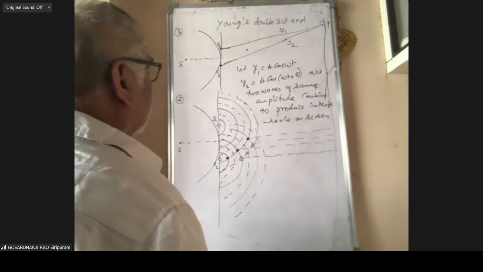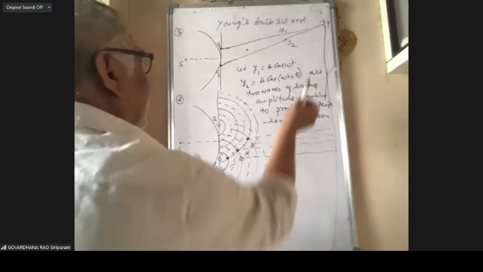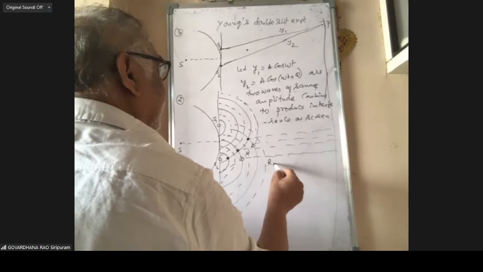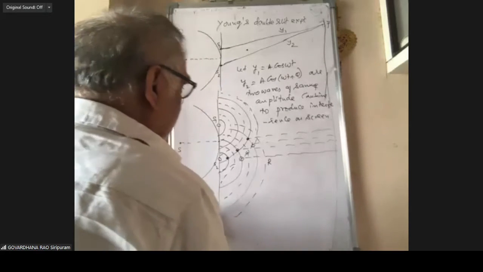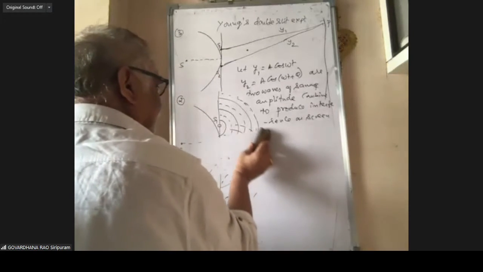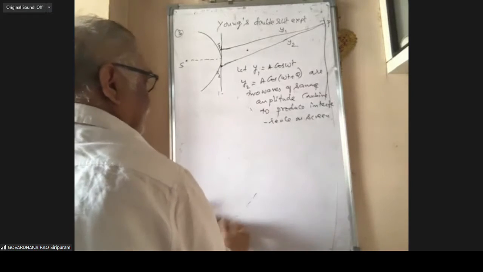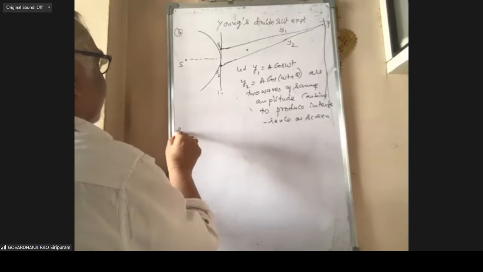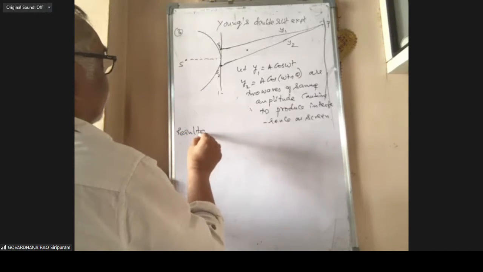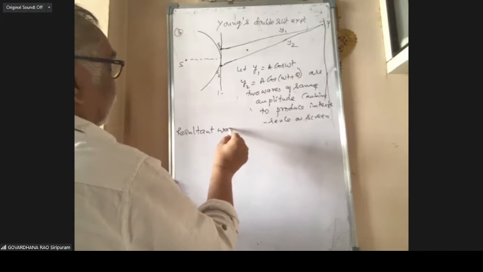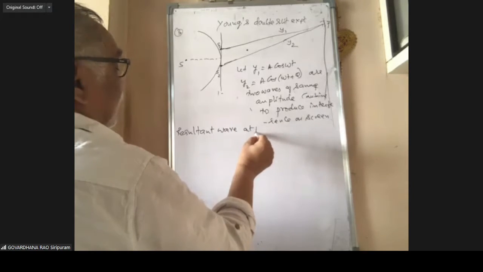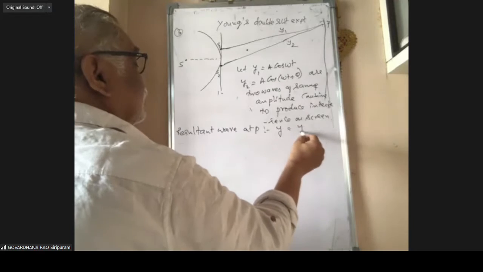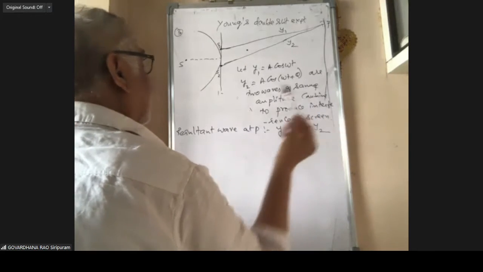So now, what is the resultant wave at the point P? The resultant wave at P is y equals y1 plus y2.